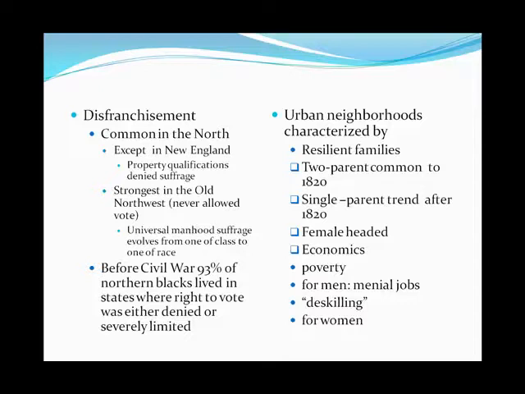By the 1850s, free blacks were losing out even on unskilled work, as they had to compete more and more with Irish immigrants who had started coming into the country in the 1840s.